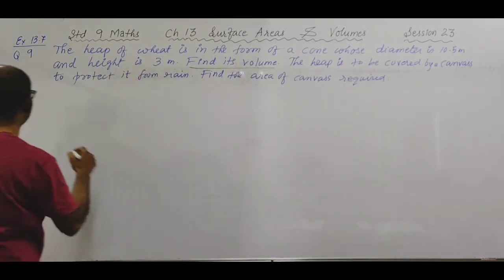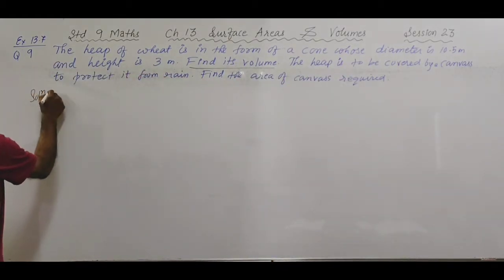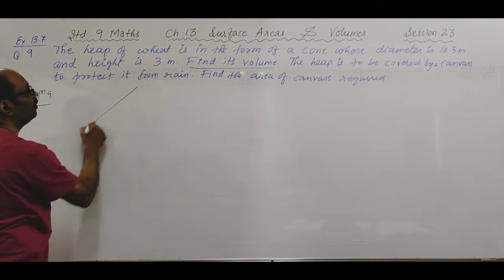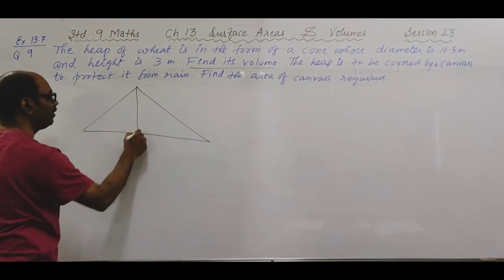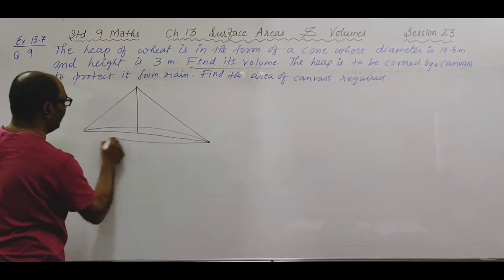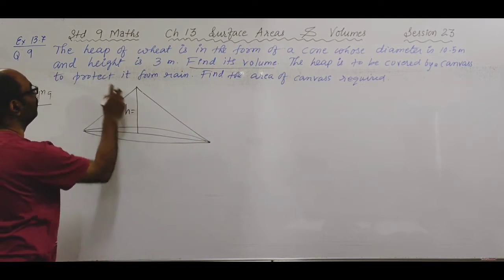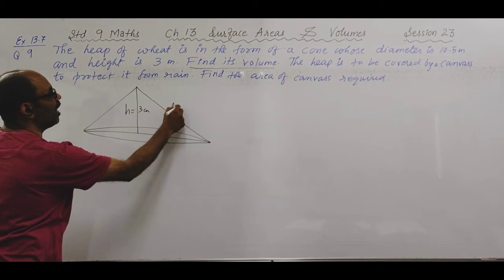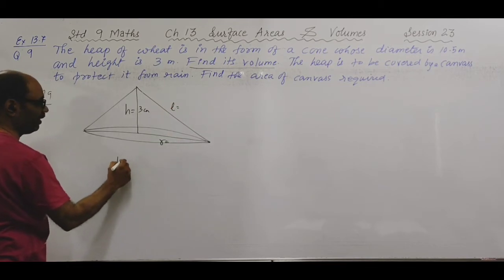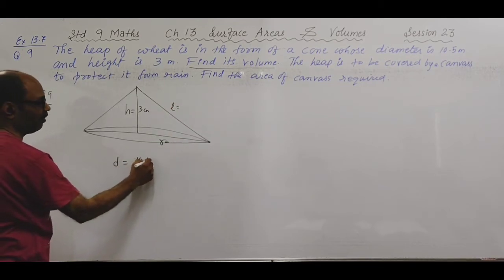Next question हम बाद में देखते हैं. Solution number 9. This is the heap of wheat, which is conical in shape. Height given is 3 meter. Radius we don't know. L we don't know. But diameter is given.